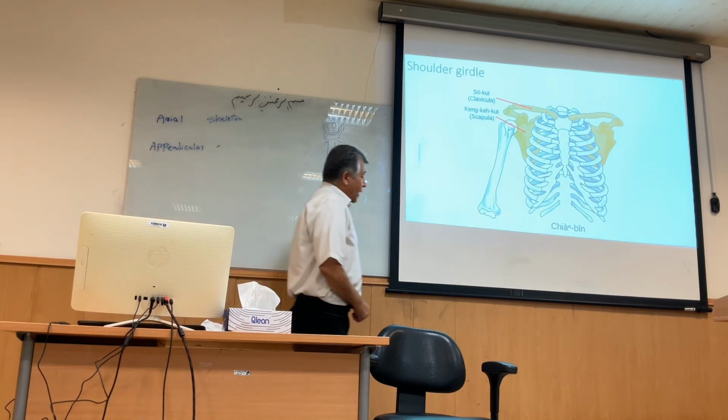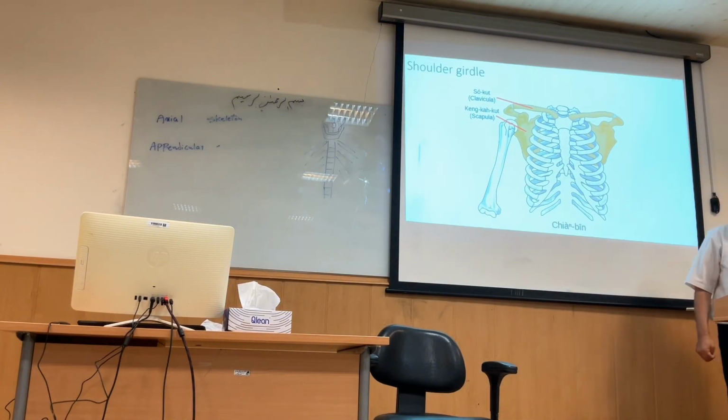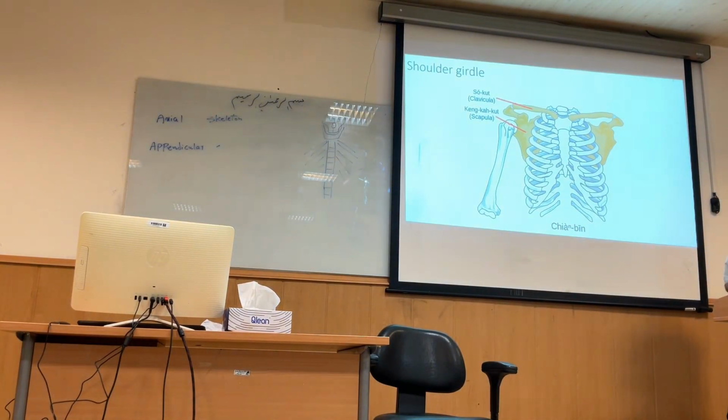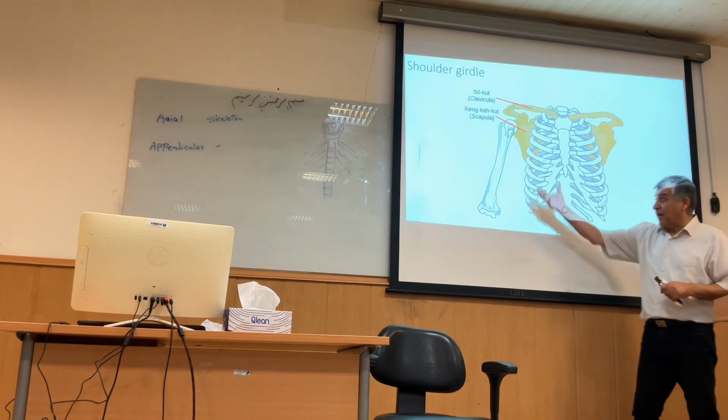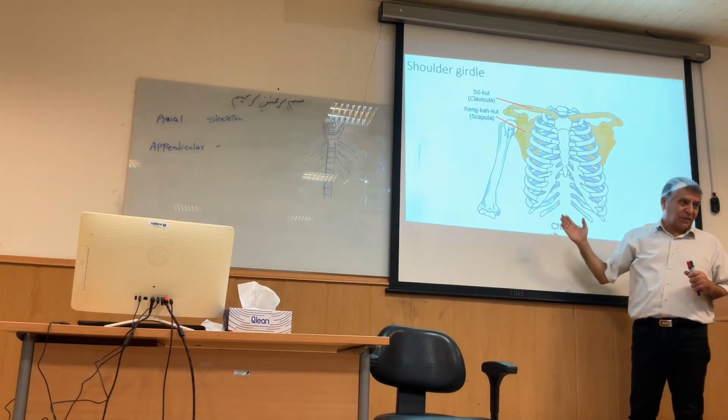Clavicle and scapula form the shoulder girdle for transfer of the weight of the upper limb to the axial skeleton.